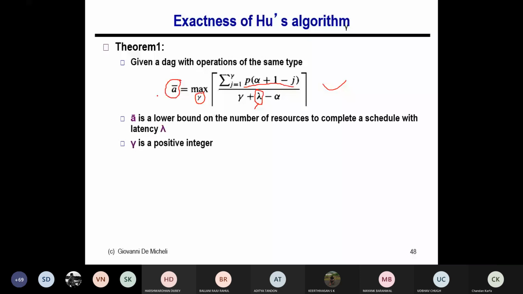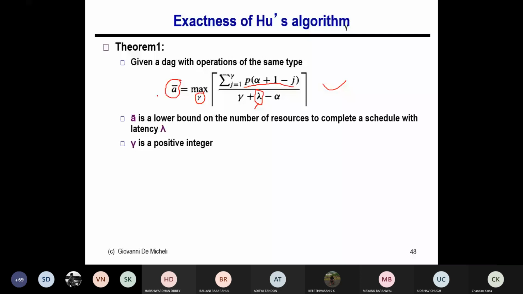On the other hand, since A is the lower bound of the number of resources, I can always say that this also solves the problem of MRLC, because if I give the latency bound lambda, I know that for this lambda this is my minimum resource, so obviously it is also solving the problem of MRLC.